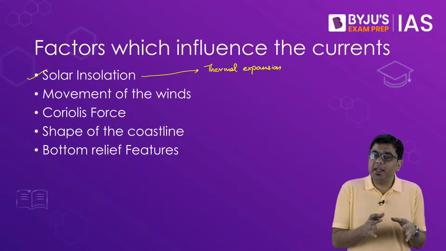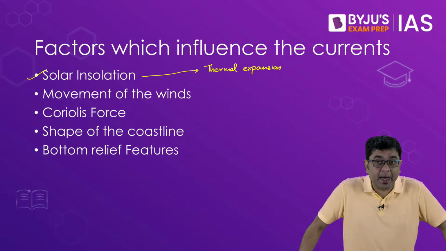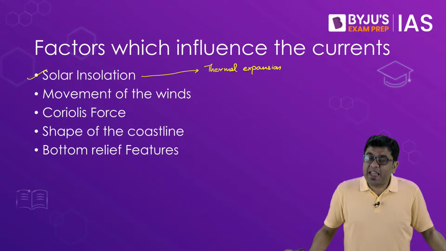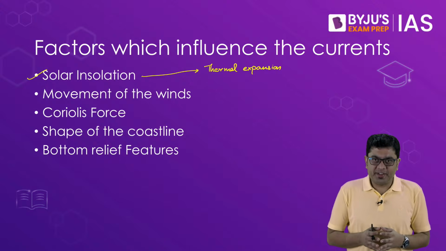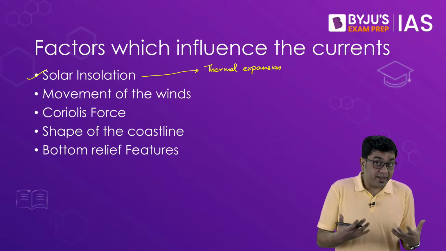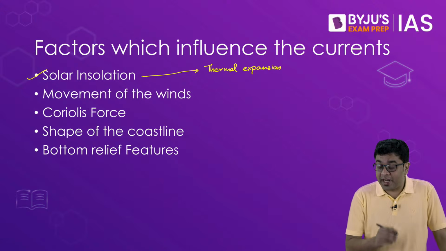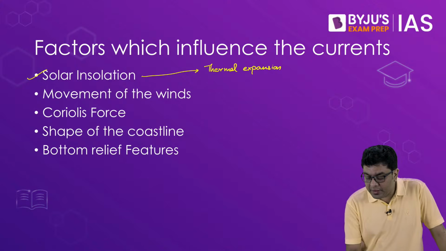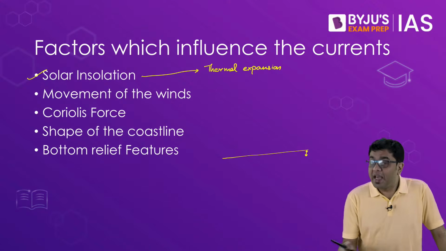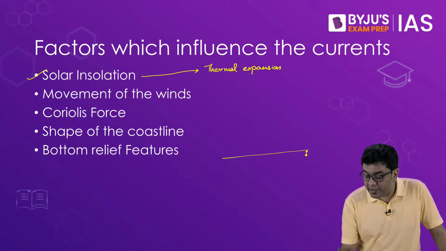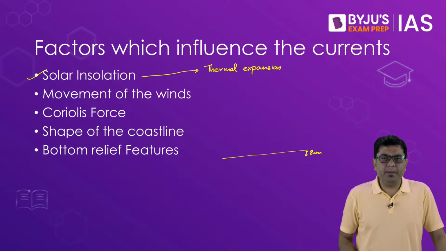So, as the water in the lower latitude is heated up quite substantially, that leads to a slight expansion within the water column itself. And as a result, water in the region of the lower latitude gains a height as compared to the higher latitude, with a height gradient of around 8 centimeter.